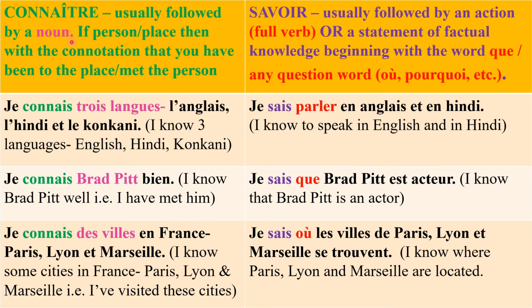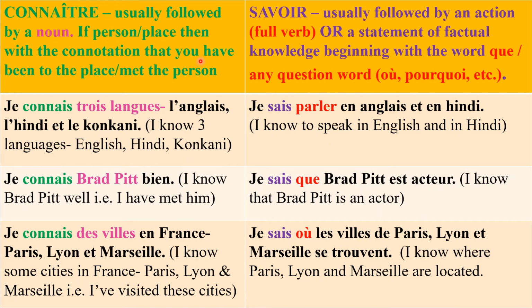Now, if that noun happens to be a person or a place, then you are using connaître. The connotation, the hidden meaning behind your use of that verb, is that you have been to the place or you have met the person, that you have had an experience with the noun.